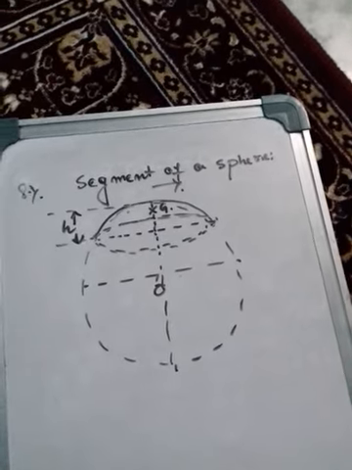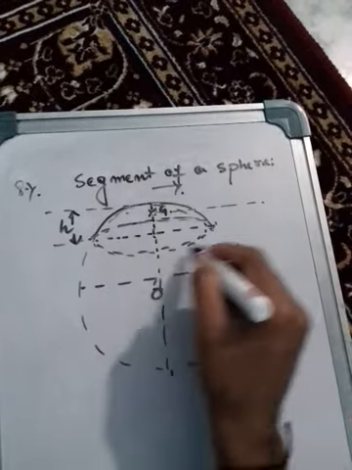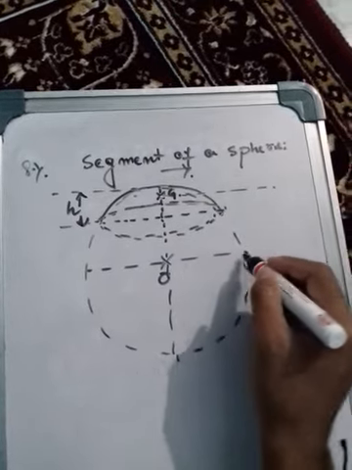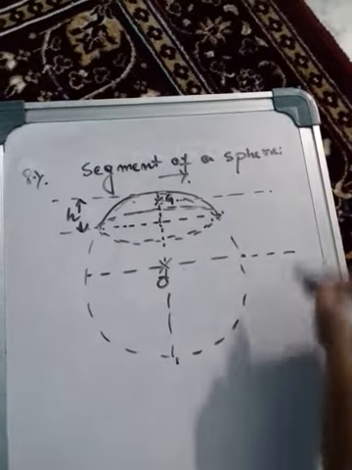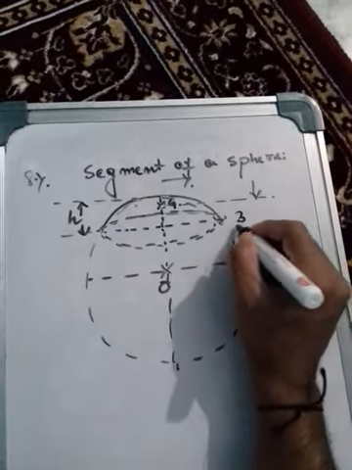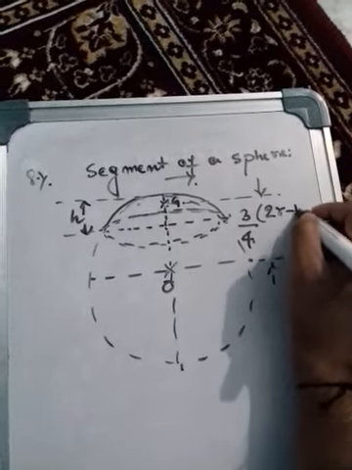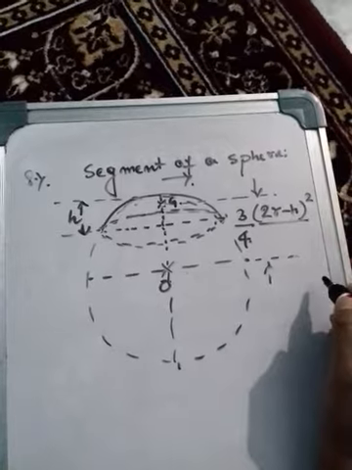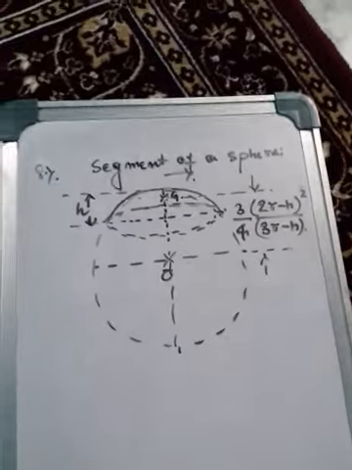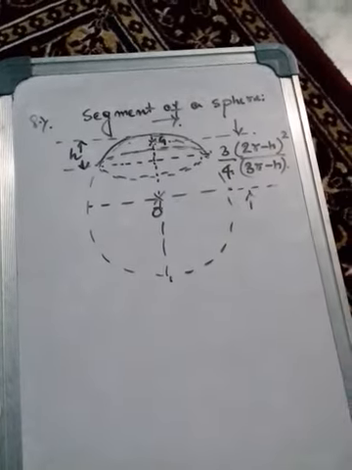The distance of the CG of this segment from the center of the sphere will be given by the formula 3 by 4 into (2r minus h) whole square divided by (3r minus h). So it is something like this.